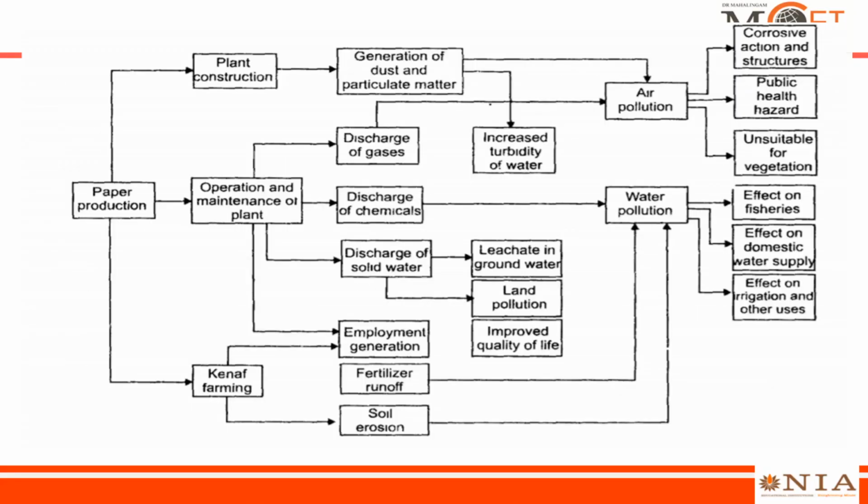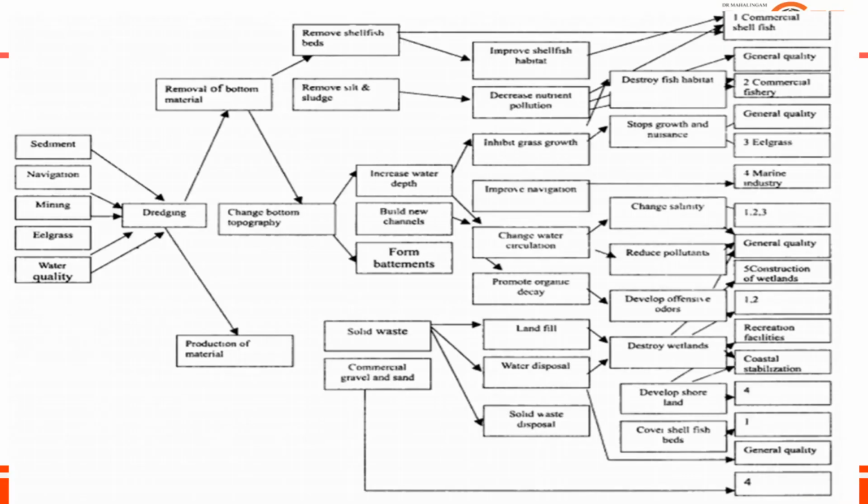In the last class we saw the paper production plant and its impacts on the environment, and how a network diagram is drawn illustrating the primary, secondary and tertiary impacts, and how they are interrelated. We also saw a slightly more complicated network diagram related to dredging. Dredging, as I told, is removal of bottom material, so I'm not going to explain this again.